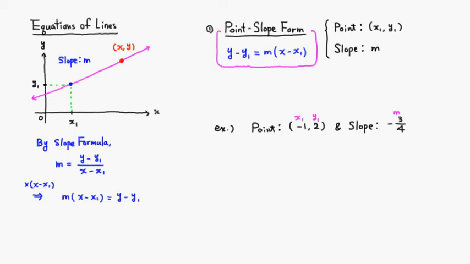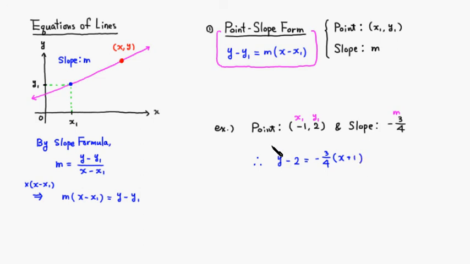All you have to do is follow the point slope form. y is a variable, minus y1, which is 2, is equal to m, which is -3/4, times quantity x minus -1, so it's going to be x + 1.